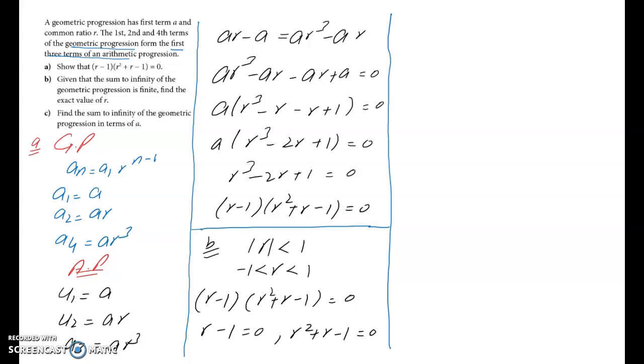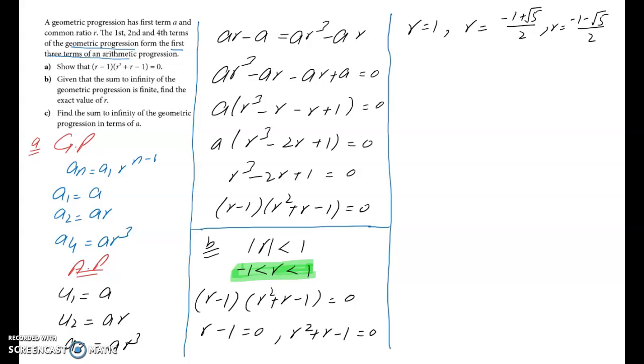0. So right from there, you can see r = 1, or if we solve this quadratic equation, we get r = (-1 + √5)/2, or r = (-1 - √5)/2. Then if you remember this definition, the absolute value of r less than 1 means r should be greater than -1 and less than 1.